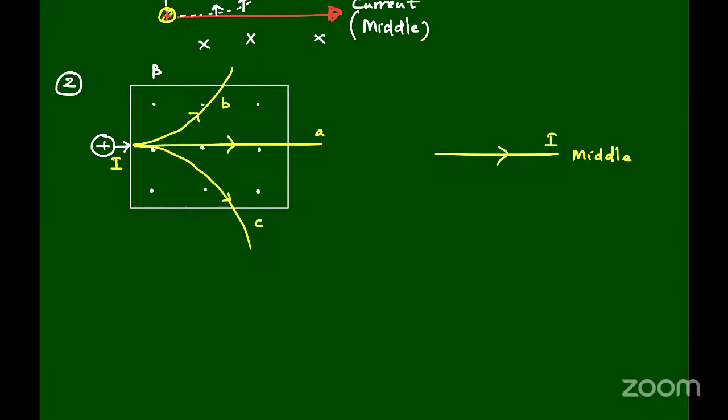Here, these dots represent the magnetic field coming towards you.